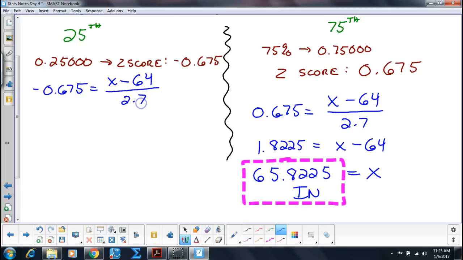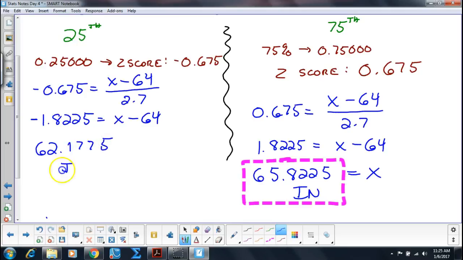So that would be negative 1.8225 equals x minus 64. So adding 64 is going to be 62.1775. And that is inches.